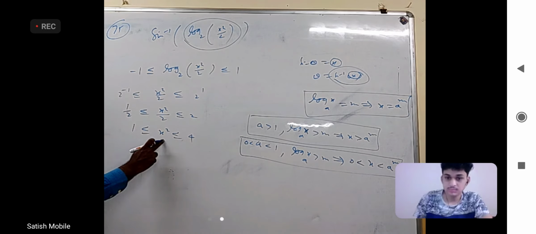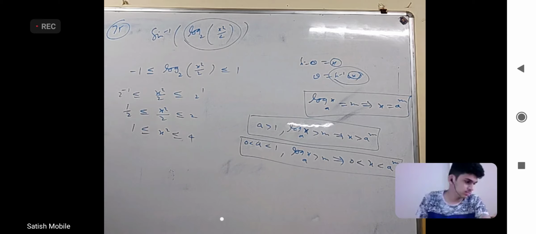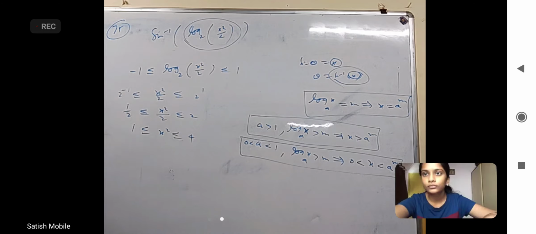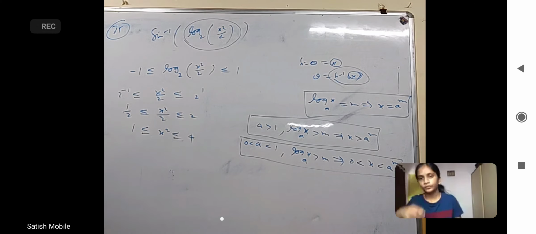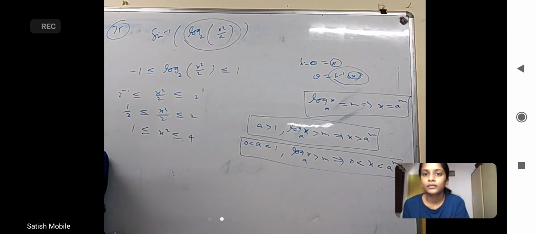When x square is between 1 to 4, anybody want to tell x should be between what and what? 1 and 2. That is for positive values. What if x is negative also? x square between 1 to 4 can happen, right? What are those x values? x is negative, but x square is positive and between 1 to 4.